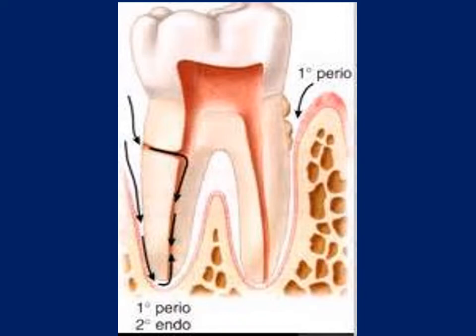Or if the perio lesion goes down even further to the apex, we will have invasion through the apex to the root canal. So they may be due to the gingival crevice, an extensive periodontal pocket apically, or a lateral canal.